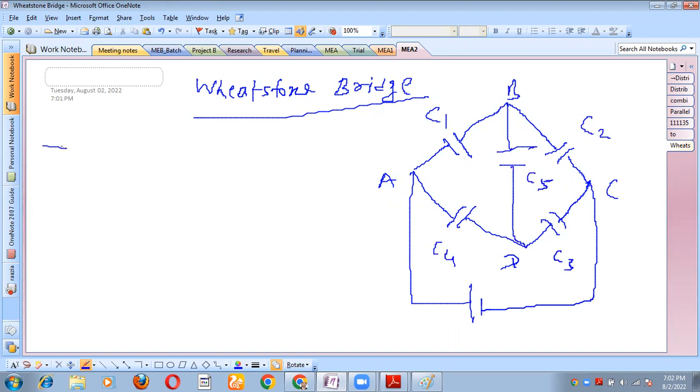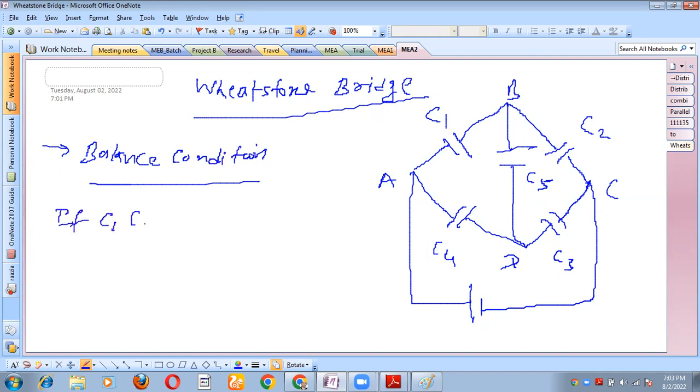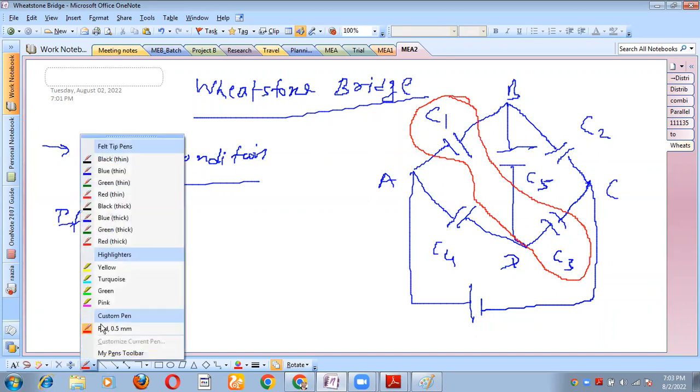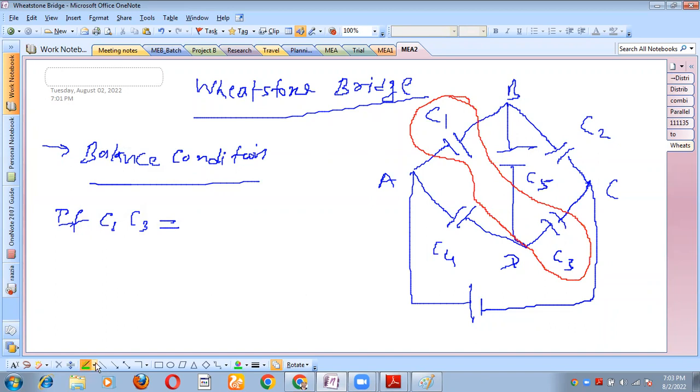And what is the balance condition? Generally, we take a ratio and we get confused. So what we should do is multiply C1 and C3, C1 into C3, then multiply C2 and C4.